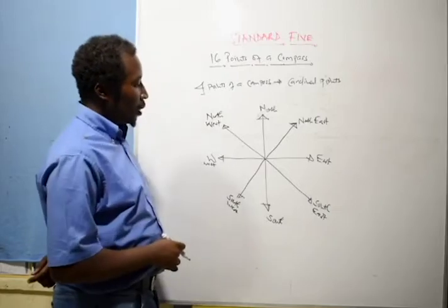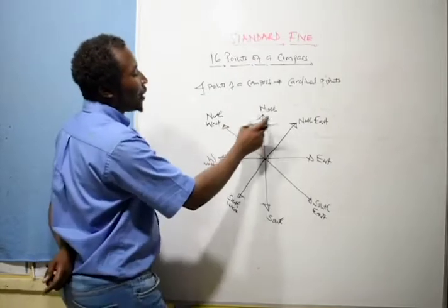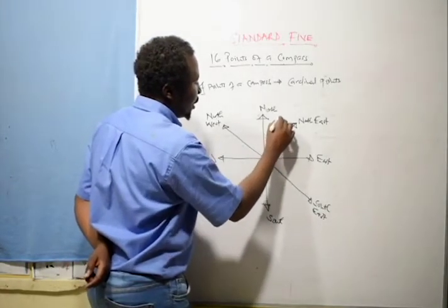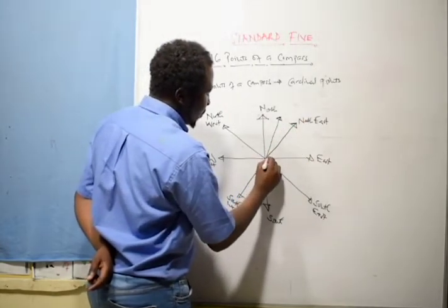Now, in order for us to have the 16 points, between north and northwest, we have a direction here. Between northeast and east, we have a direction here.